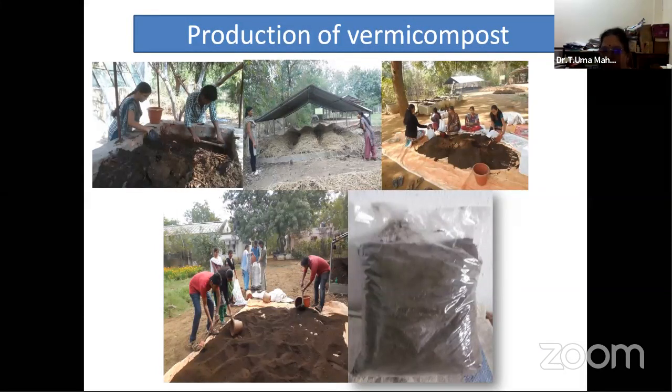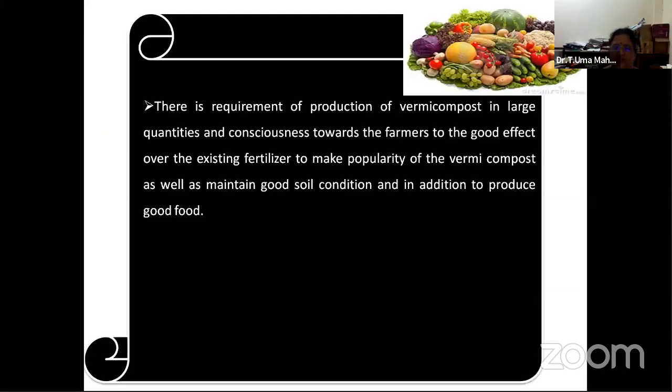Now, why do we want to go for it? Nowadays we have organic waste which is being burned, even in the villages and cities, we just burn them. So for production of this vermicompost in large quantities, because now in rural areas we don't have the place to apply. Even for export purposes, when a farmer or a gardener wants to export his mangoes or any fruit, now people are asking for organic food.